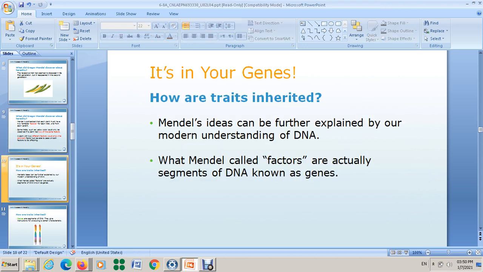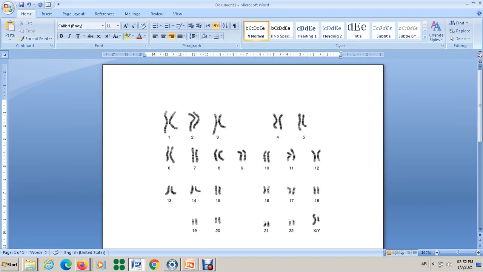Let's now focus on how traits are inherited. We're talking about factors. What are these factors from the mom and from the dad? Just to remind you, you remember the karyotype that we were talking about, with the homologous chromosomes.